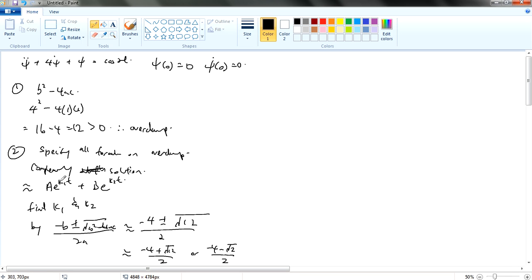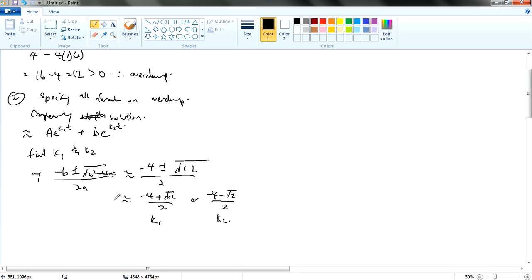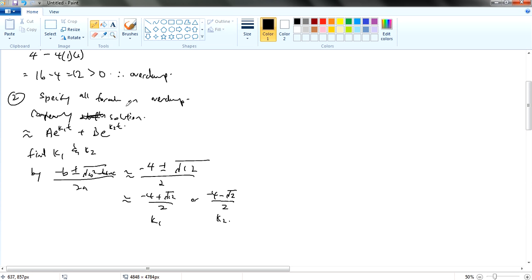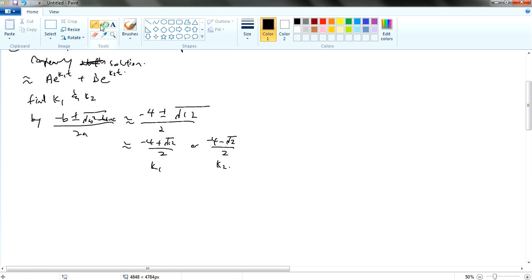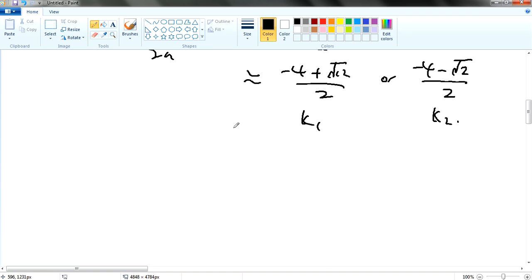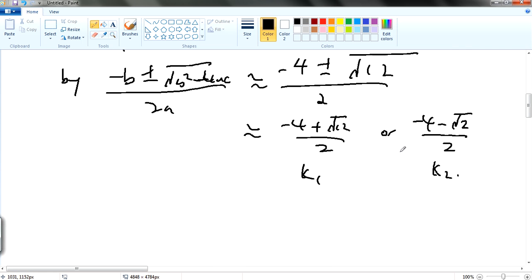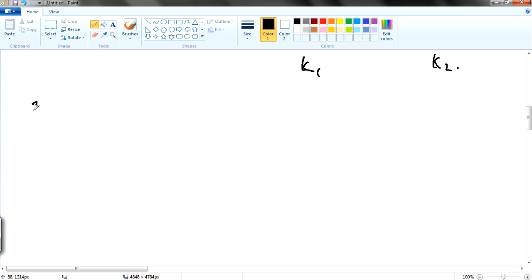So once you find the complementary solution and you know k and the other stuff, you can find the particular function for cosine 2t. Okay, so let's do it. Let's solve for the right hand side. Maybe I can say that this is the left hand side, and then we have the right hand side.